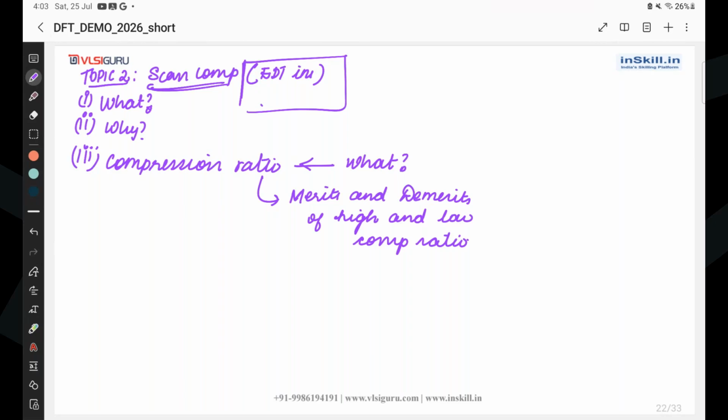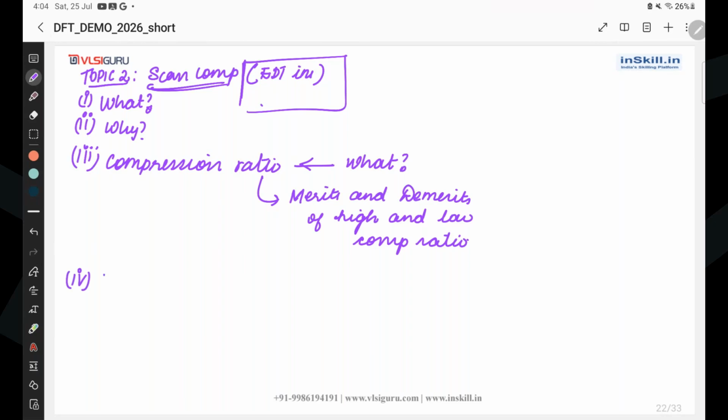Okay. So we will be understanding about the EDT logic. And we will also be understanding the various components inside the EDT logic. One is the decompressor. Okay, let me just write that here.